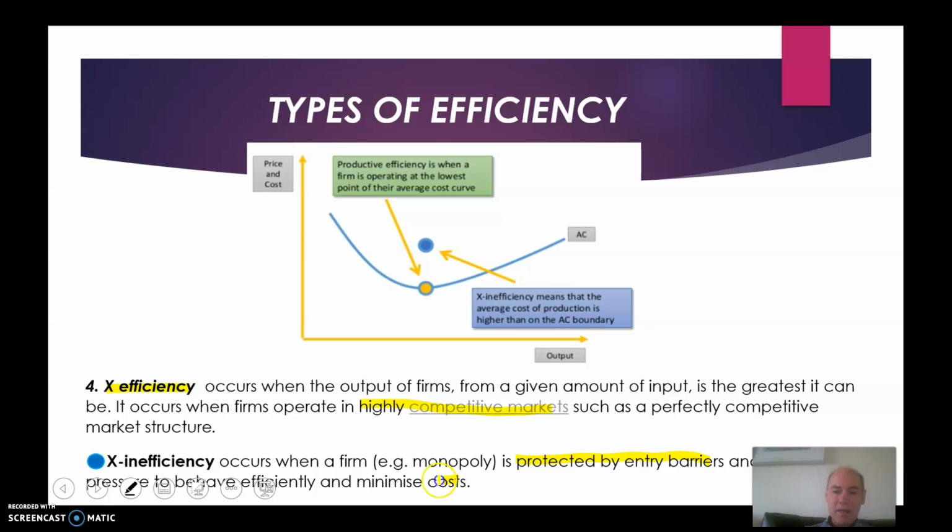There's little pressure to behave efficiently and minimize costs. Have a look at this blue circle. Productive efficiency is the yellow circle, but X inefficiency means that you would be producing above that. Average costs are higher than they need to be because there's little pressure to behave efficiently.